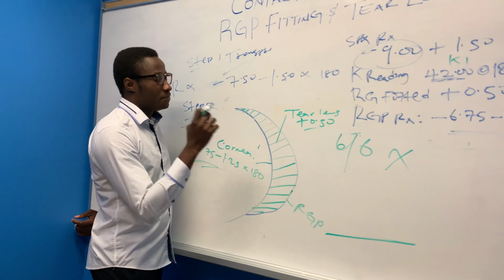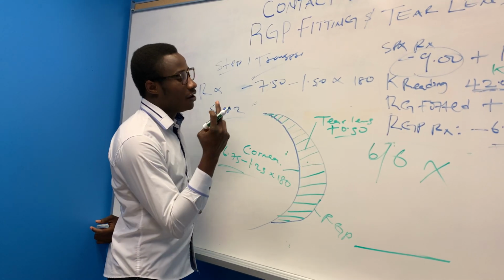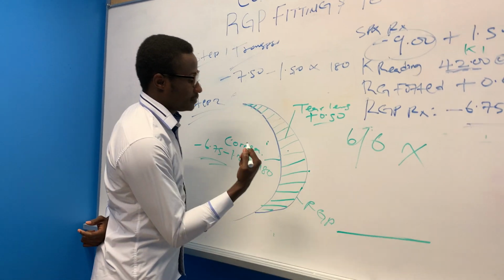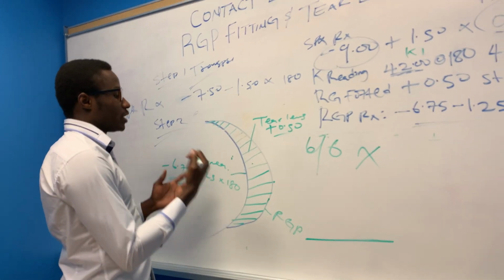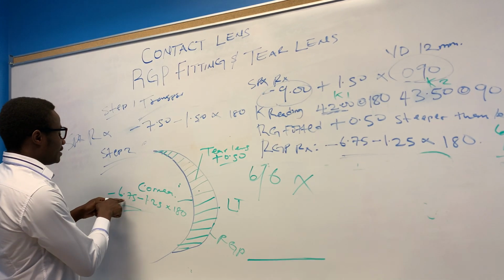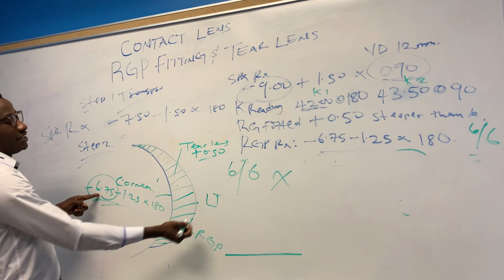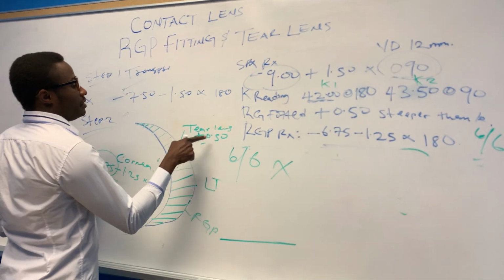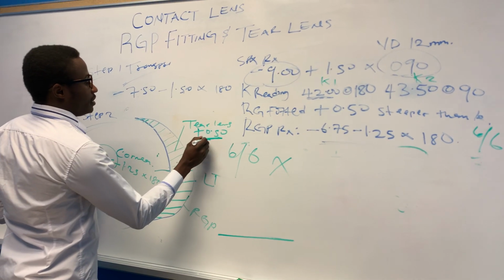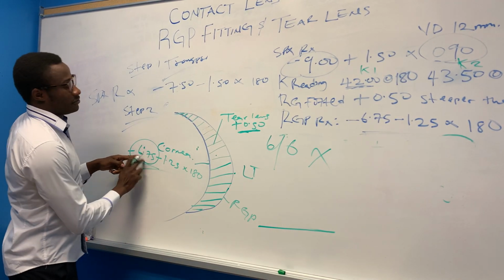That means the patient is looking through the tear lens and looking through the RGP lens. So the patient is looking through the corneal plane, the RGP lens, which is this, and looking through this, meaning that if I fit this, the patient is not going to have 6.75 again.